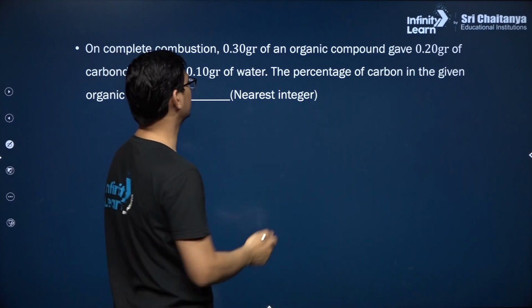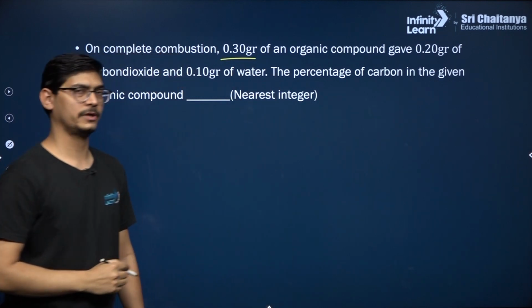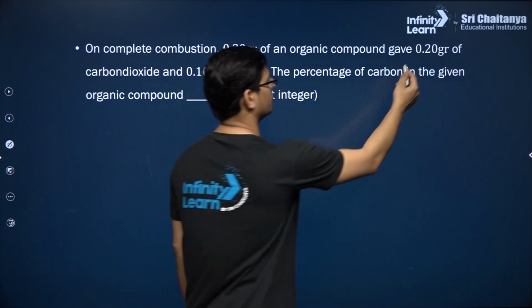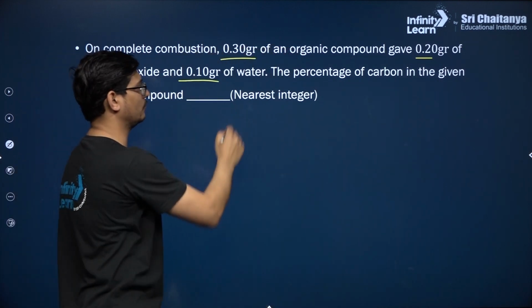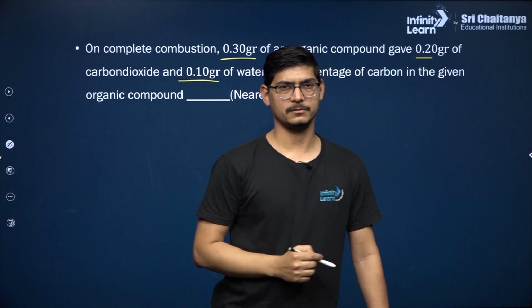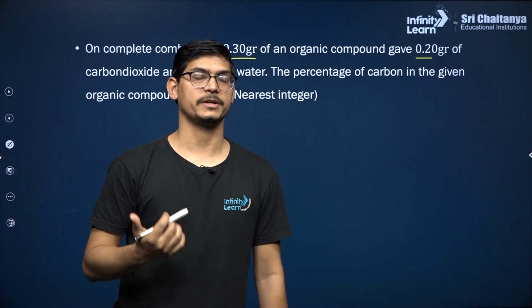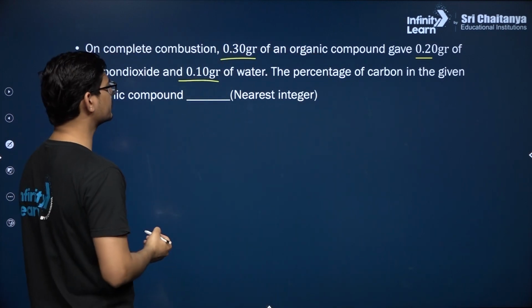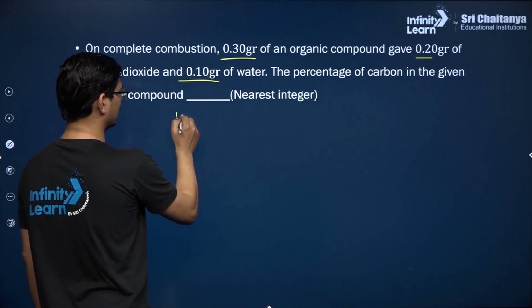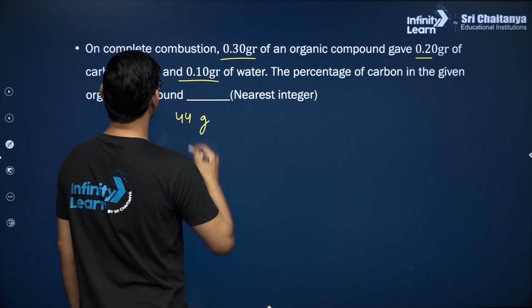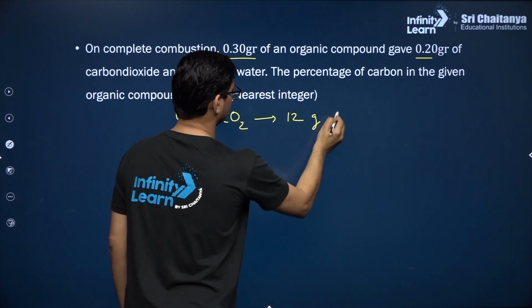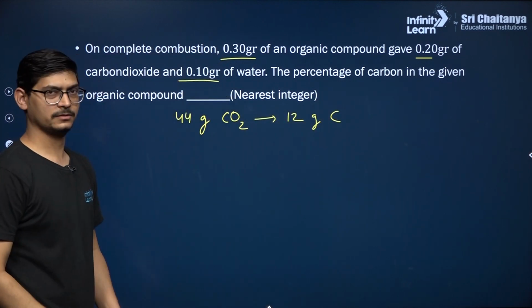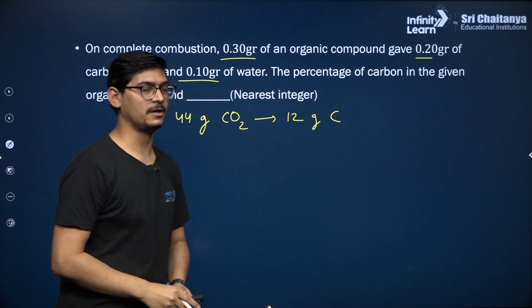Next question: on complete combustion, 0.3 gram of an organic compound gives 0.2 gram of carbon dioxide and 0.1 gram of water. The percentage of carbon in the compound. A very simple question based on empirical formula. So carbon dioxide comes from the compound. So 44 gram of carbon dioxide must contain 12 gram of carbon.